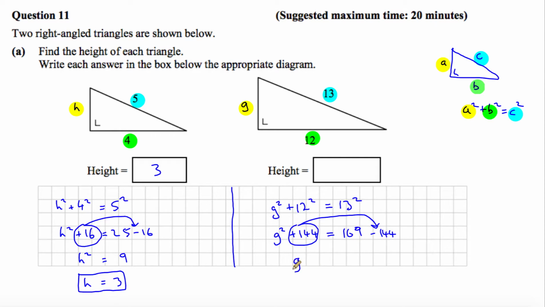So that will leave me with G squared is equal to 169 minus 144. Well, that's 25. So my G value then will be the square root of 25, which is just 5. Again, it's plus or minus 5, but because G is a length, we take the positive value. So there's my two heights.